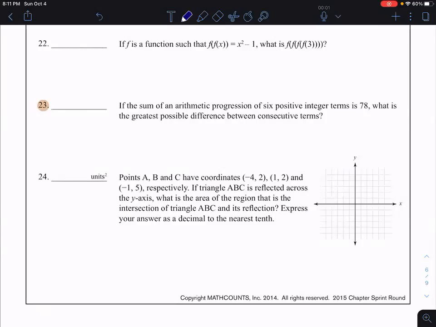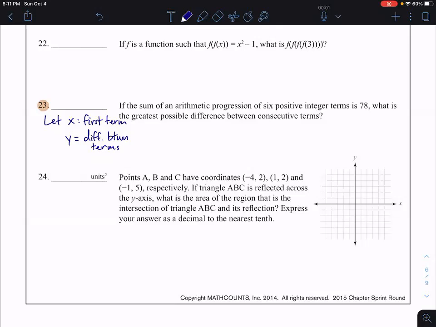You have the sum of an arithmetic progression. Okay, let's just let x be the first term, and we're going to let y be the difference between the terms.